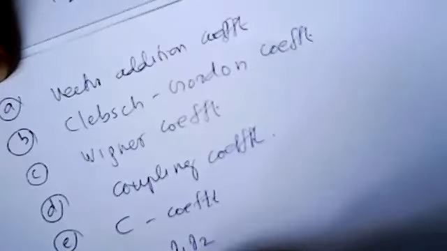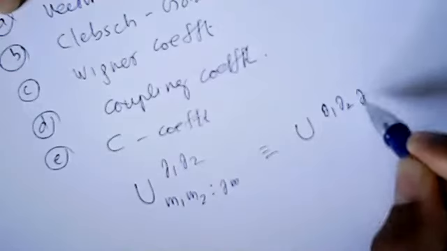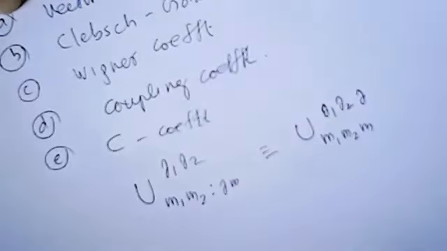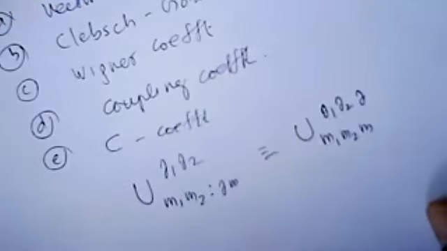Now this U, some people may write this U j1 j2 m1 m2 jm colon jm as U. Somewhere you can see that it is written as j1 j2 j m1 m2 m. All show that it depends on all these indices. So in different ways you can write this.